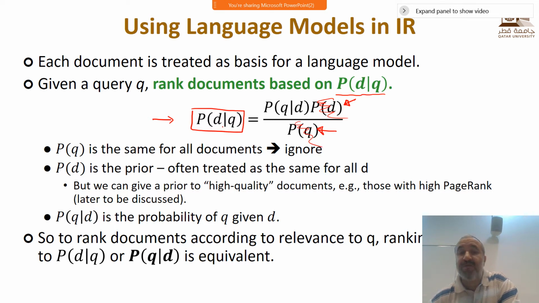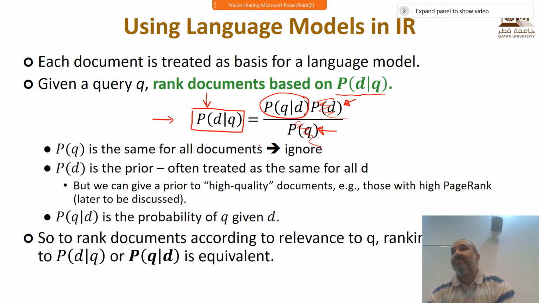Does that mean that P of D given Q is equal to P of Q given D? No, it doesn't mean that, but it means that if we want to rank documents based on this probability, it's sufficient to rank documents based on this probability. It is exactly the same rank, just because P of D and P of Q are constant. So it will not change the relative ranking of documents.